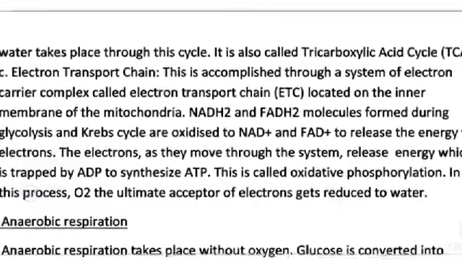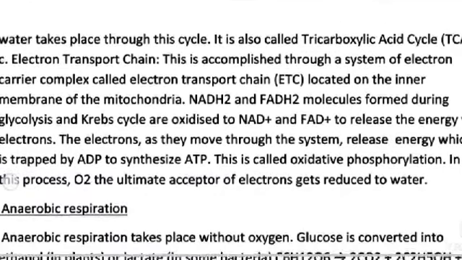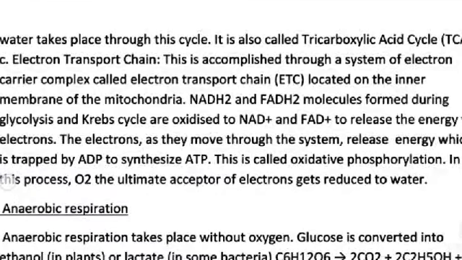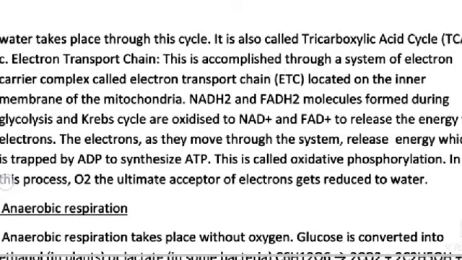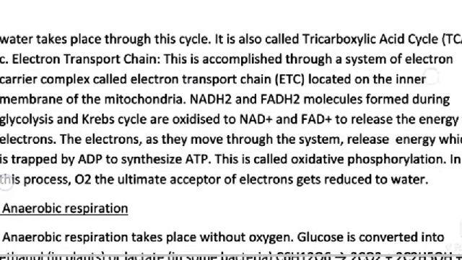Electron transport chain. It is accomplished through a system of electron carrier complexes called the electron transport chain, located on the inner membrane of the mitochondria.